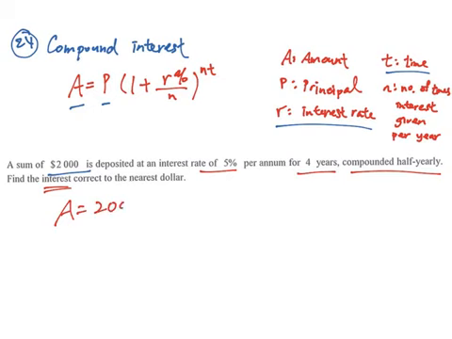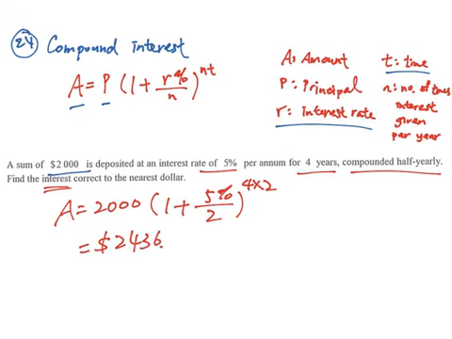The principal is 2,000, times 1 plus 5%, divided by 2 because half yearly means every year we get 2 times interest. And for the index, the power is 4 years times 2 times each year, so times 2. After calculating, we get 2,436.81.